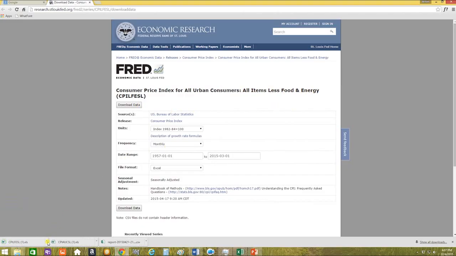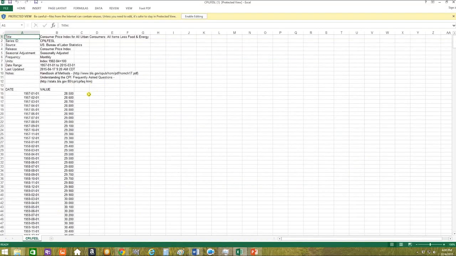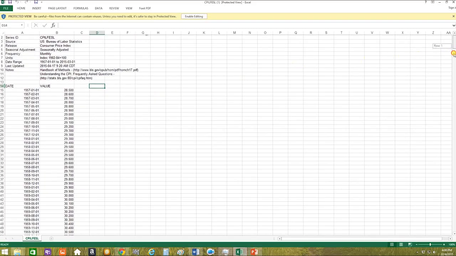Click on the download data button, open up the data. As you can see, it's all very straightforward, very quick. And you can see here, we just have two columns, our date and our CPI X food and energy value.